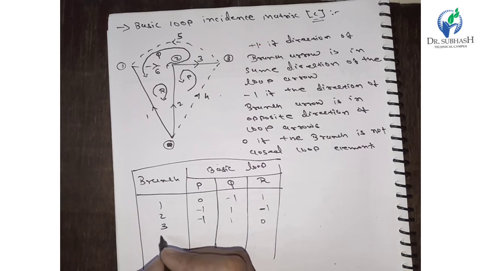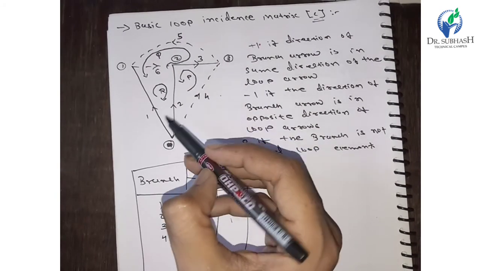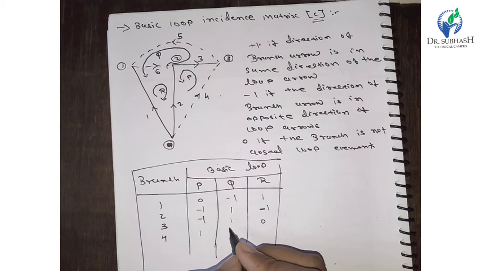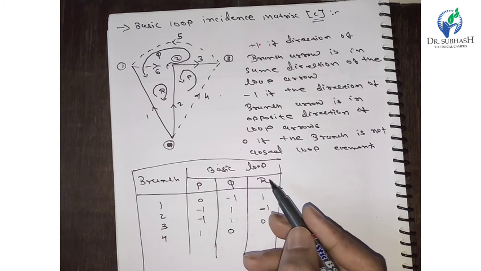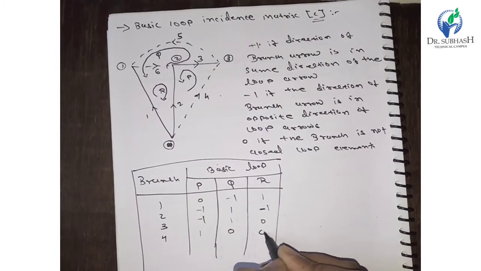When we take branch 4, it is connected with loop P in the same direction, so the output is +1. In loop Q there is no connection, so the output is 0, and the same for loop R, the output is 0.